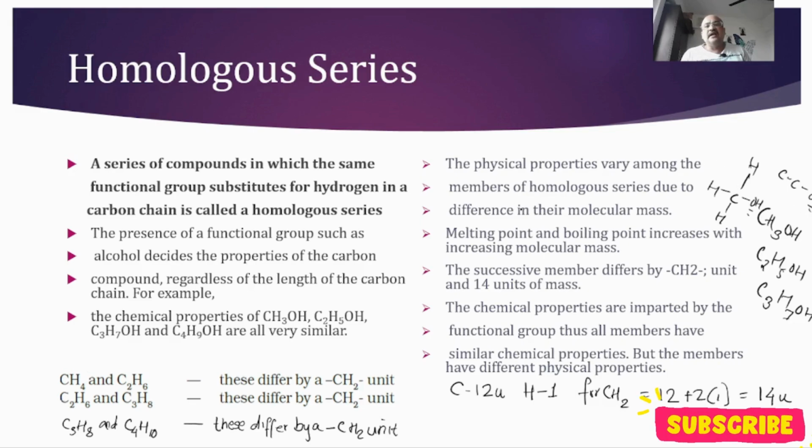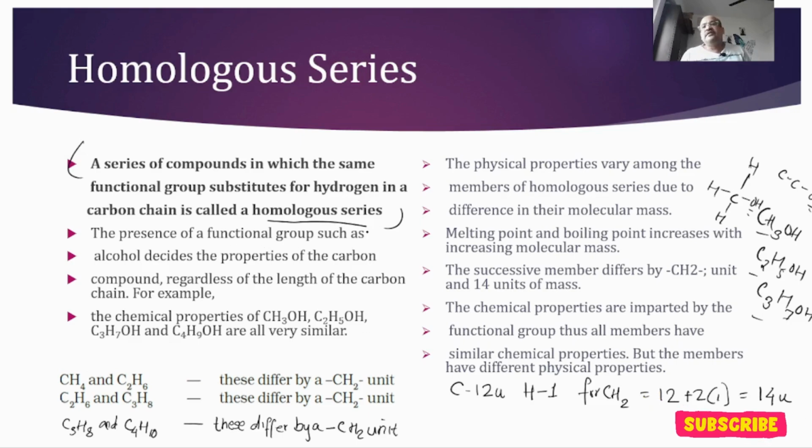The chemical properties of methanol, ethanol and propanol remain similar in nature. So a homologous series is a series of compounds in which the same functional group substitutes for hydrogen in a carbon chain.